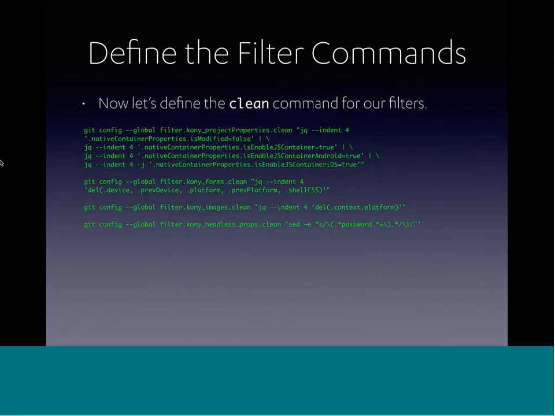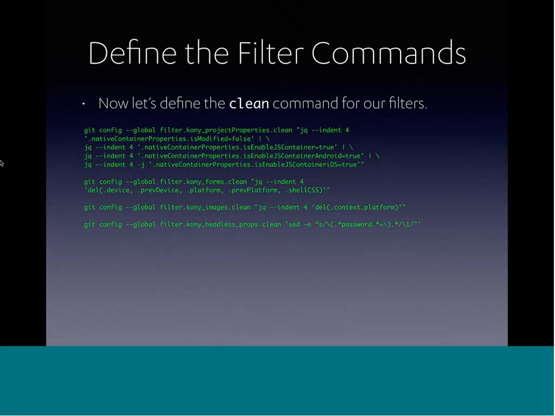Then for the forms, ignore anything that says .device or previous device or platform or previous platform or shell CSS. And for images, ignore anything that says context.platform. This is JSON, so what I'm doing here is traversing these properties and saying which properties don't matter.